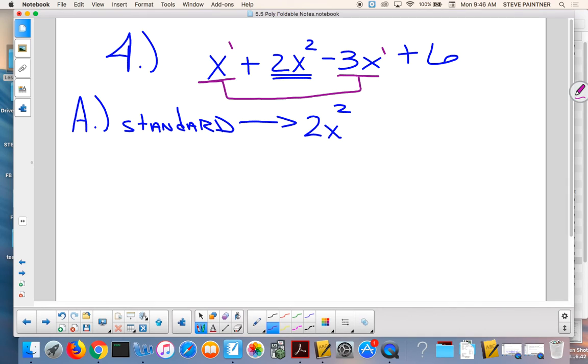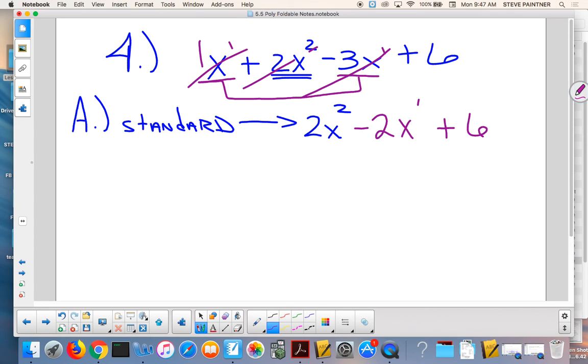All you do is you say negative 3 of them plus 1 of them. What's negative 3 plus 1? Negative 2. So standard form just means highest power of x, next highest power of x. Now what? Plus 6. All done. Standard form is done.